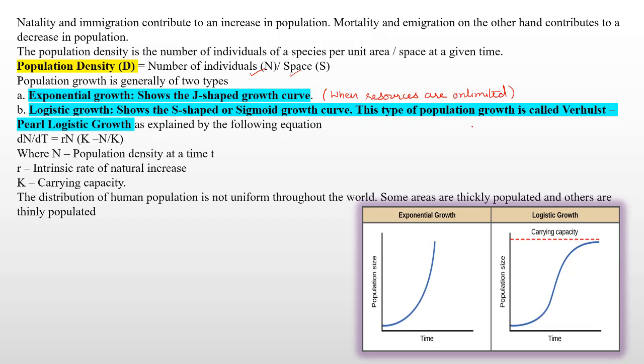Now, it's a matter of fact that resources cannot be unlimited anywhere. It is very important to understand that resources can be unlimited only for a particular moment of time, and that is why the curve is J-shaped, because basically we are using a fraction of the growth rate.